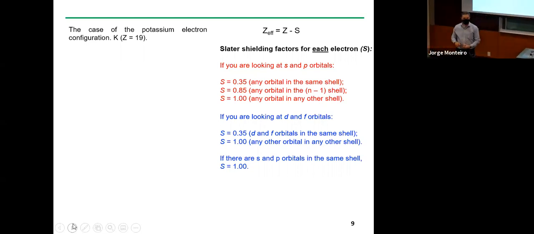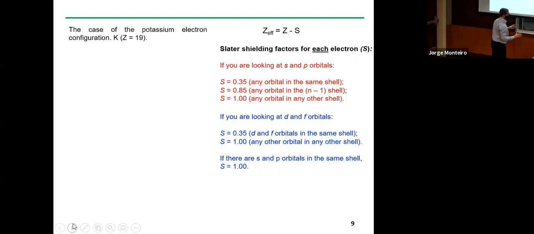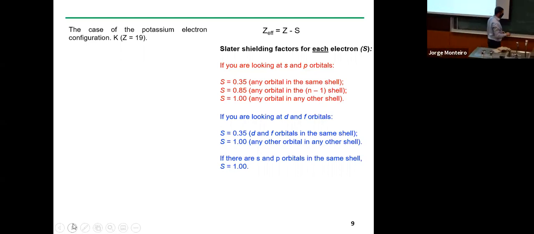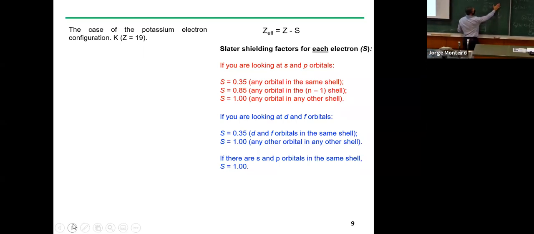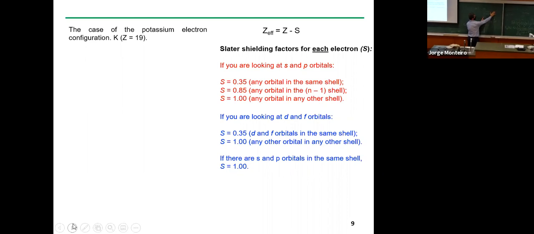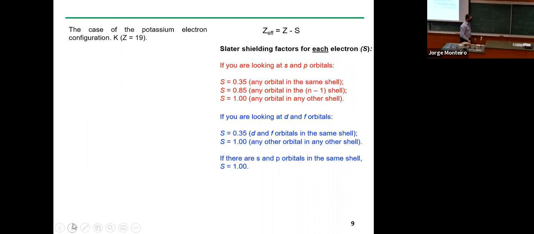So now we are going to do, again, the Z effective. However, we are going to consider that the electron goes to the 4s1 orbital. Okay?